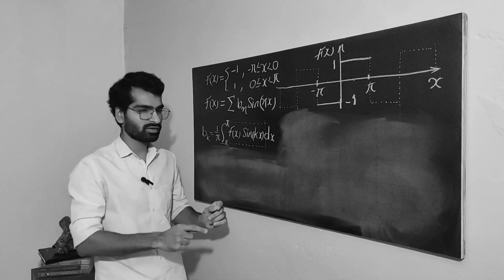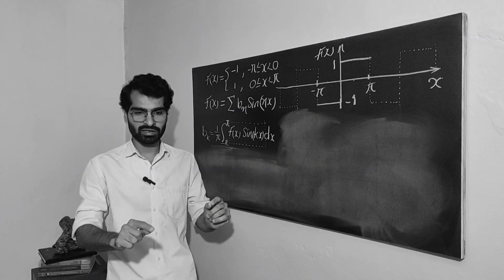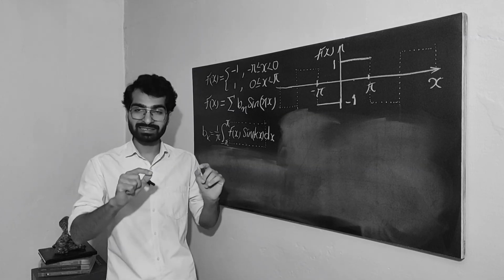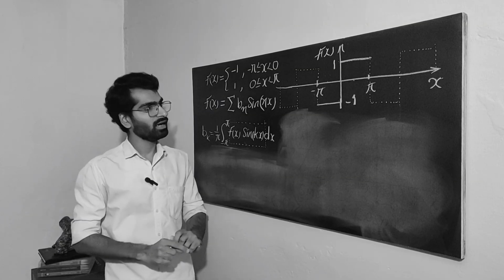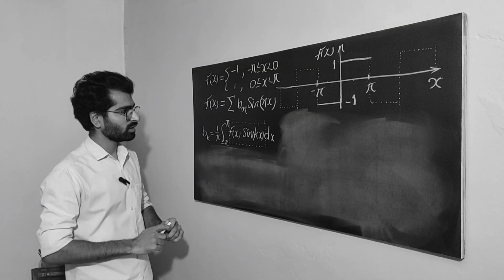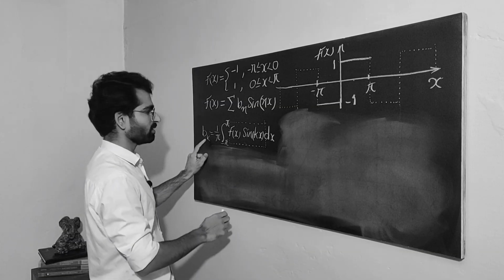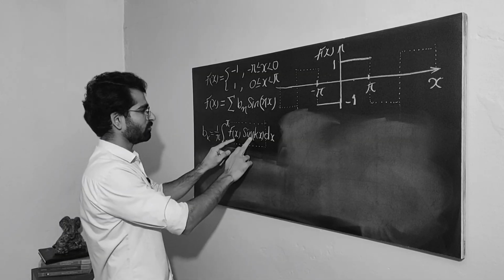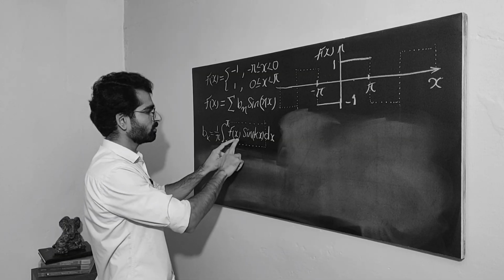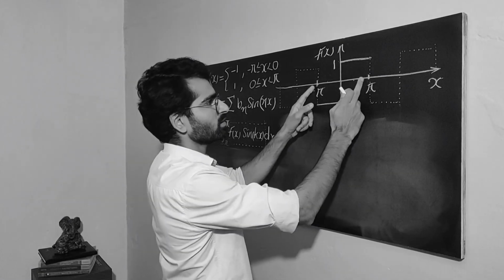So when you integrate from minus pi to 0, the integral will be exactly the same as when you integrate from 0 to pi. I can show you that very easily. If you want to find B1, you put k equals 1, the fundamental frequency, and multiply it with the square function. Let me do it here.